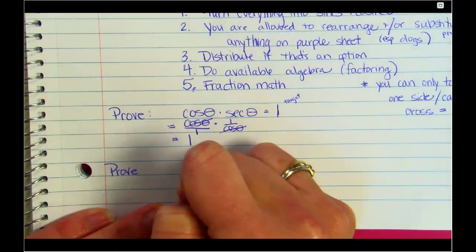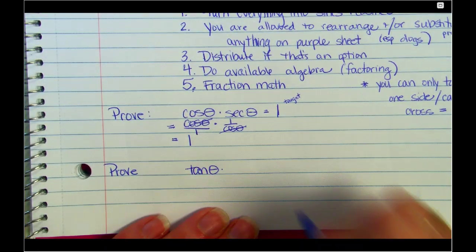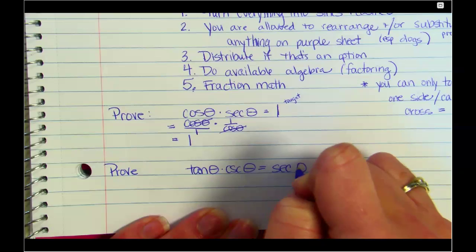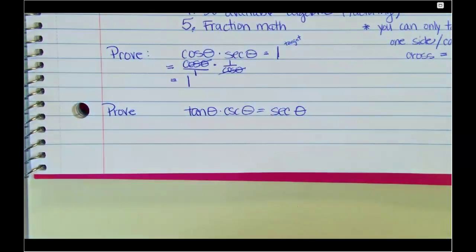So this is tangent theta times cosecant theta is equal to secant theta. It's only one O, proof is proof.